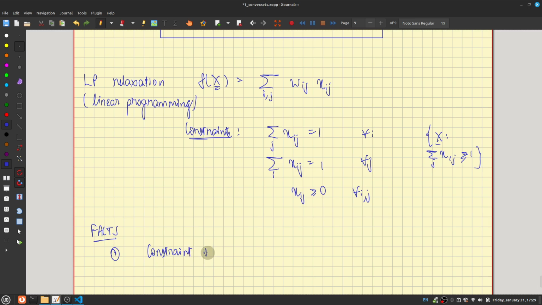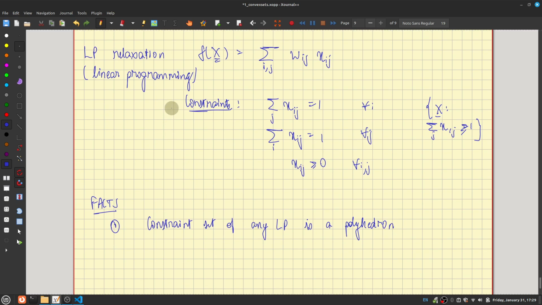So the constraint set of any linear program is a polyhedron. You can prove that exactly. Right? And in this particular case, what more can you say?